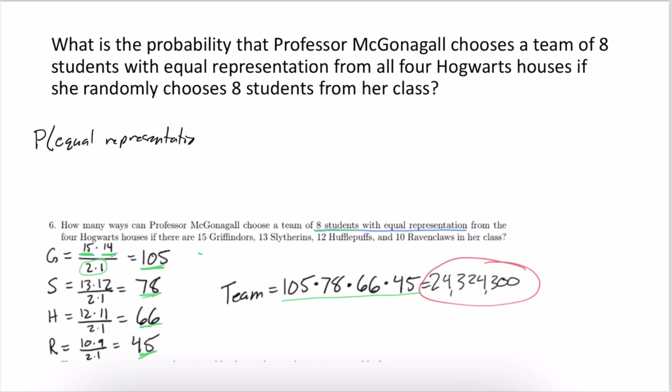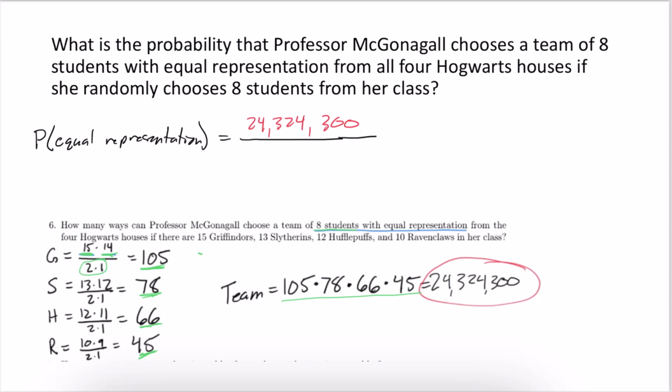The way we're going to calculate this is, on the bottom, the number of ways that she can randomly choose 8 students from her class, and on the top, the number of ways that she can choose 8 students with equal representation. We've already calculated the number of ways to get the desired outcome from question 6. This 24,324,300 number is the number of ways that you can choose a team of 8 students with equal representation.